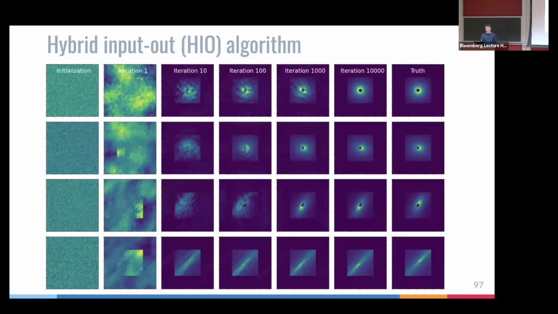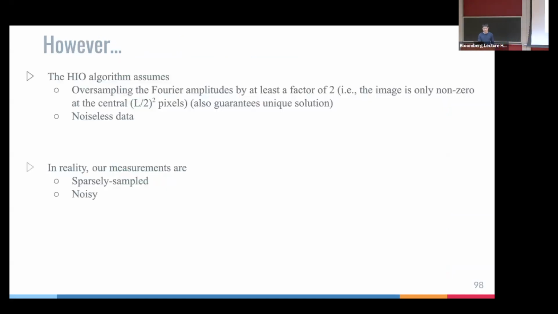I won't go into the details. I just want to show you that this traditional algorithm works pretty well, assuming a noiseless case. You start with some random initialization, you do the iterations, and in the end, you reconstruct the image, which looks pretty close to the truth. But the issue here is that these old algorithms have very strong assumptions, for example the compactness, and you also have noiseless data and a fully sampled UV plane.